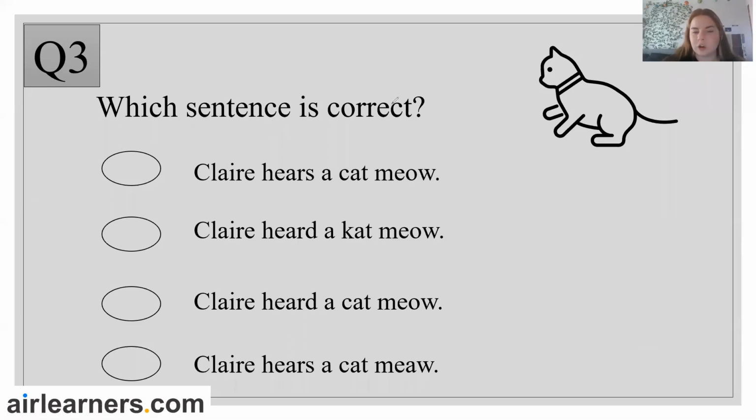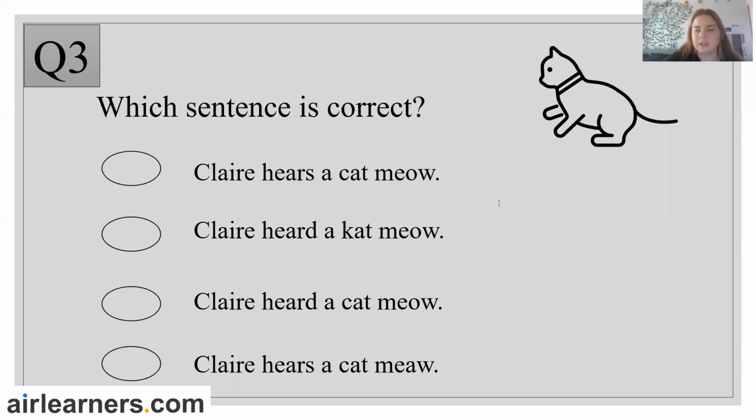Which sentence is correct? Claire hears a cat meow. Claire heard a cat meow. Claire heard a cat meow. And Claire hears a cat meow. So firstly, our first difference in these sentences is heard and hears. And that's just past and present tense. So that's okay, we can ignore that for now.